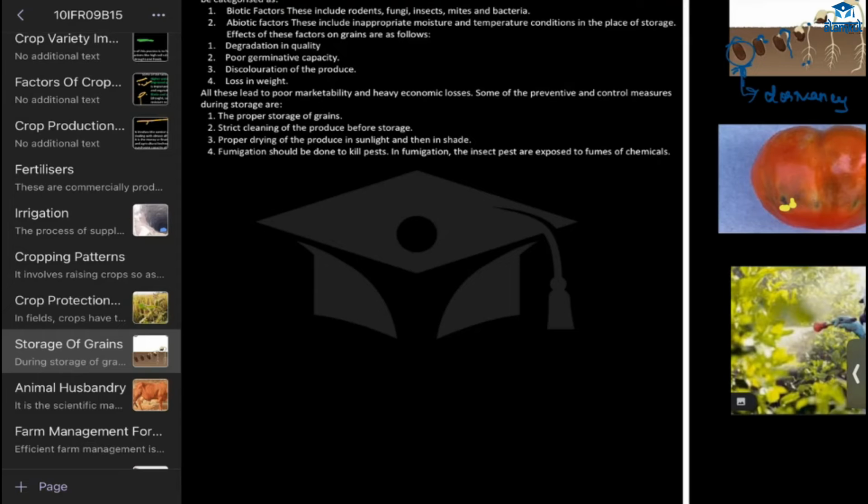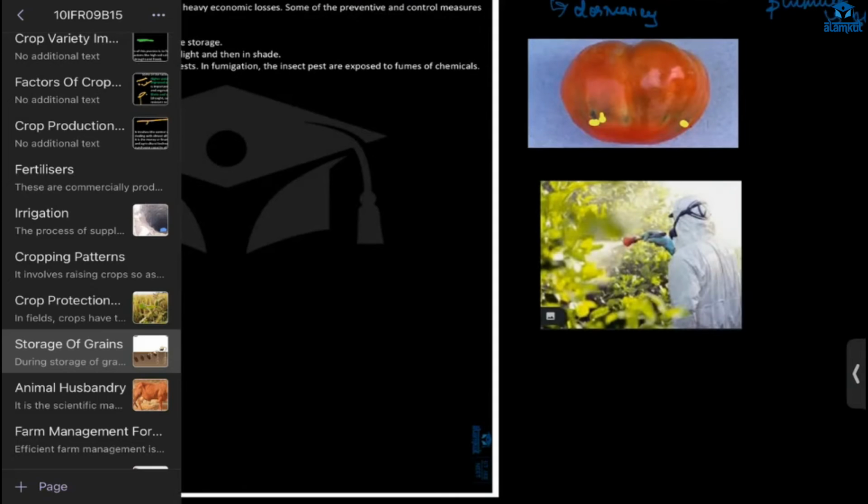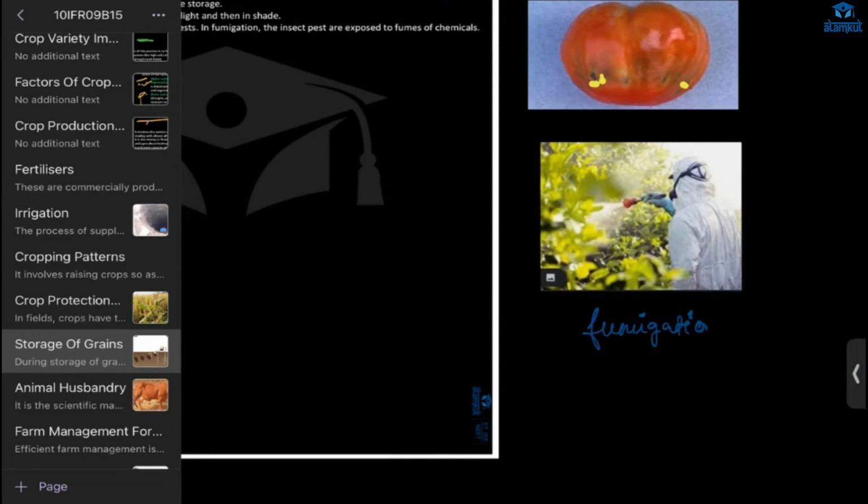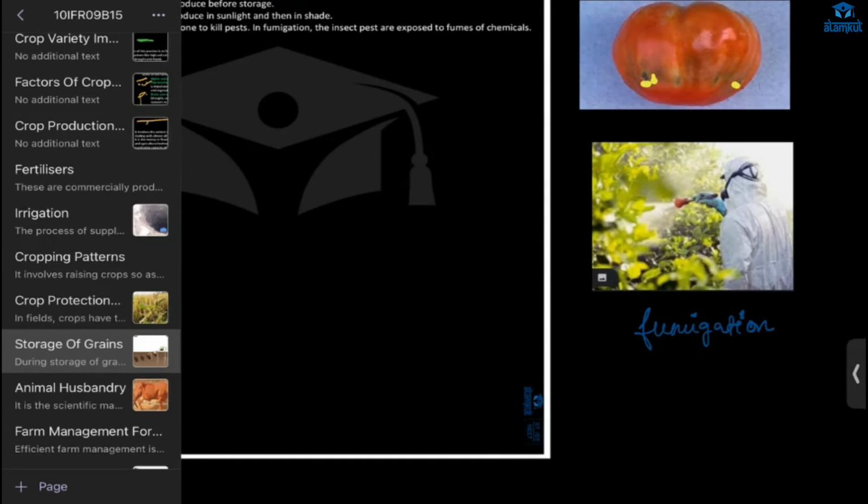Then fumigation. What is happening here? In fumigation, we are using fumes of chemicals. This person is wearing a coat and all that, right? Why is he wearing that? Because these fumes will be harmful to us.